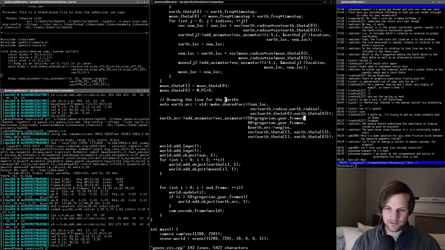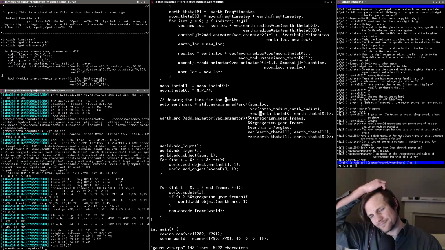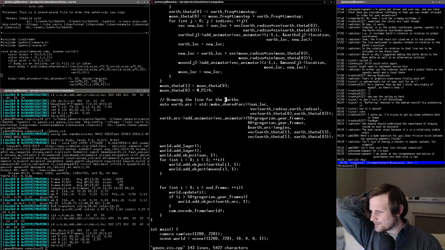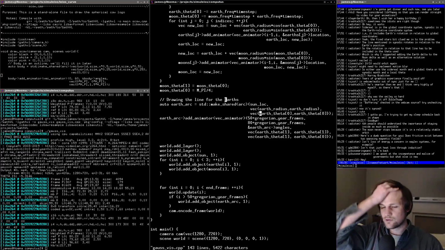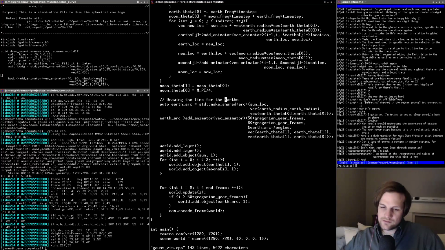So let's just try. Why did the arc... So the arc drew from Earth theta 0 to Earth theta 0, where Earth theta 0 is going to be pi over 4, right?